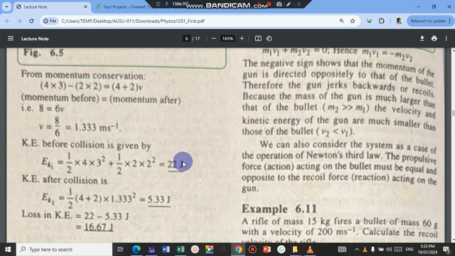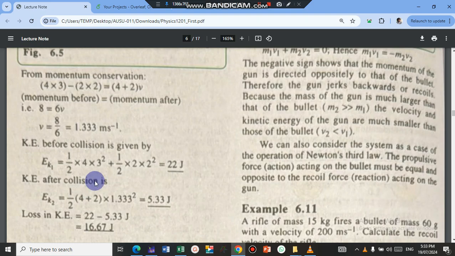You will get the 22 joules straight away. You don't have to waste time splitting the calculation into steps. This will waste your time, as your exam and CA questions will all be objective. You have to know the shortcuts of getting answers without prolonging, without wasting time.